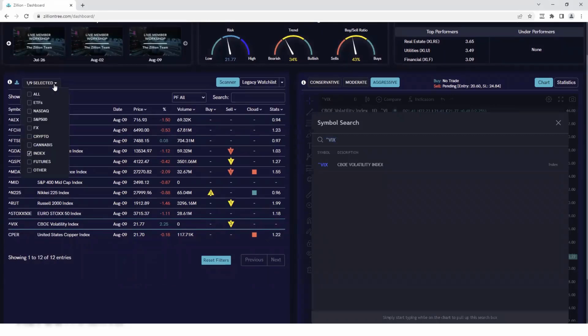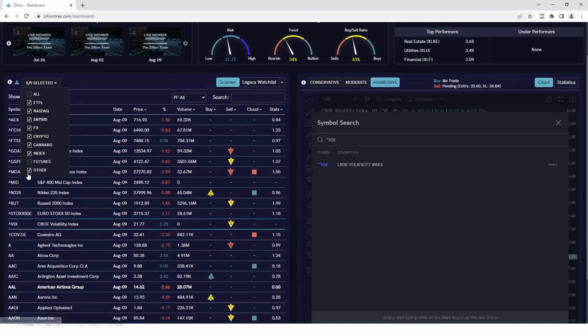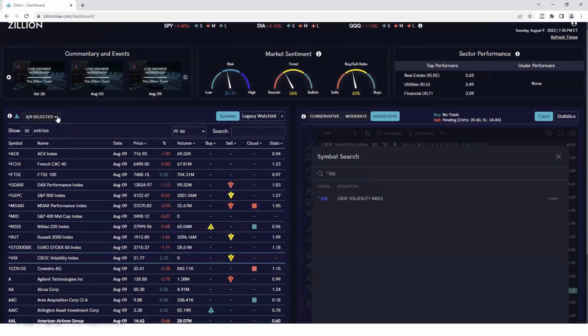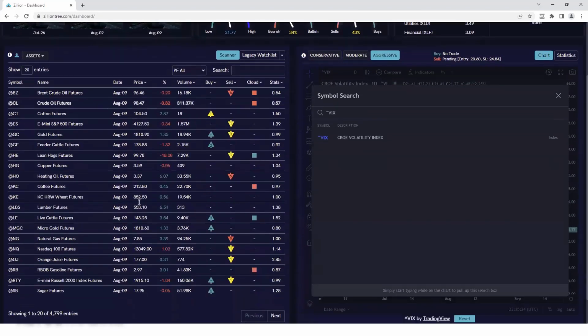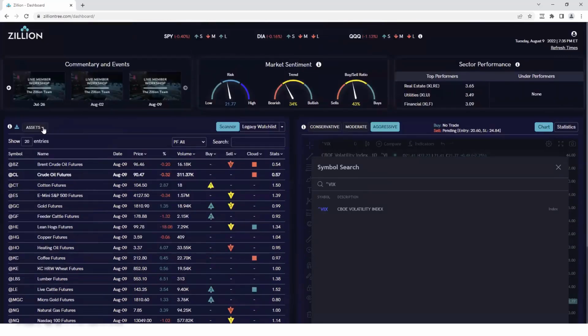So what we can actually do, and let's just run a scan. I'm going to take futures out. I'll just kind of run it across the majors. If we select all assets in our platform, we have almost 5,000 assets or symbols in our database.